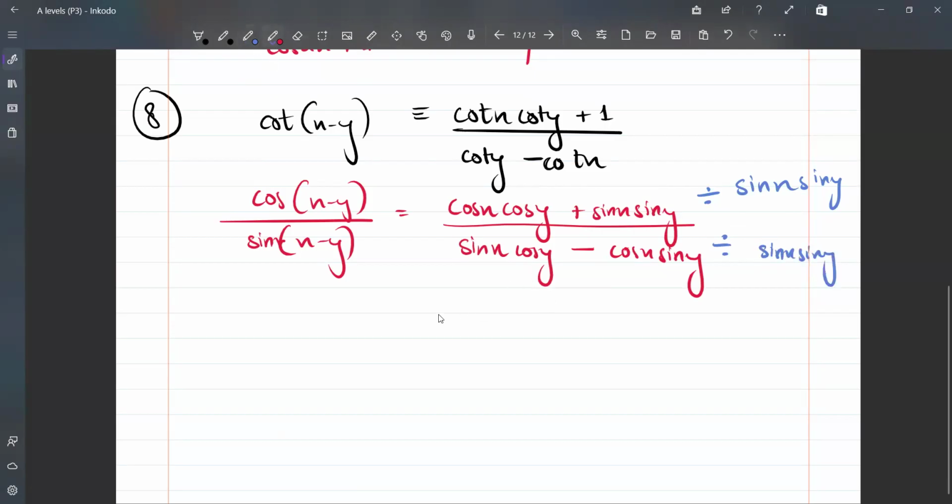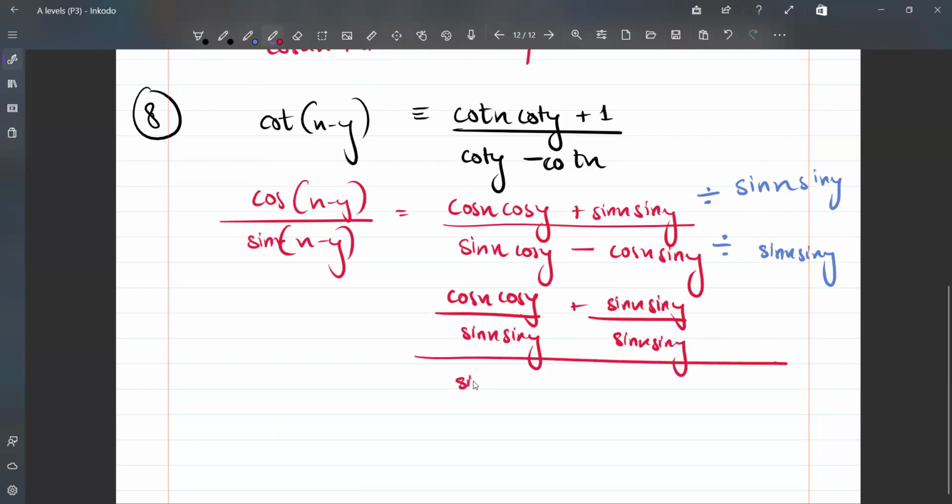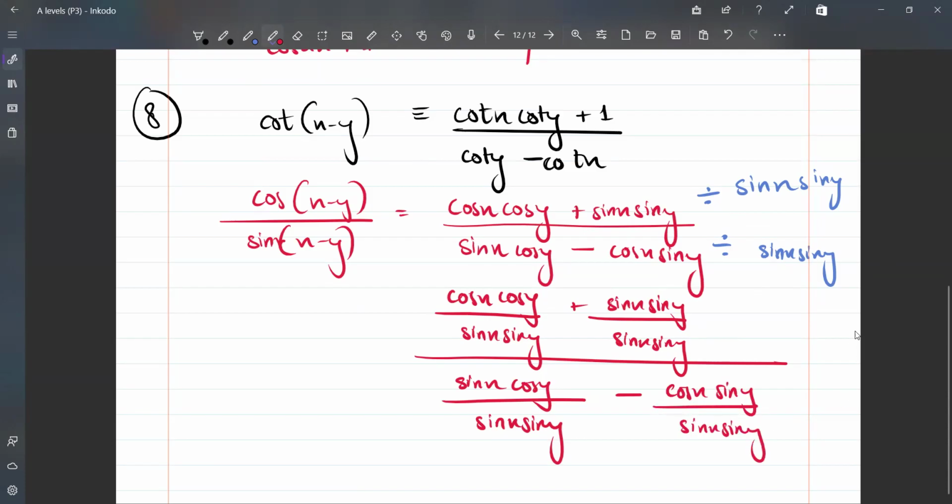All right. So cos x cos y divided by sin x sin y plus sin x sin y upon sin x sin y, upon sin x cos y upon sin x sin y minus cos x sin y upon sin x sin y.